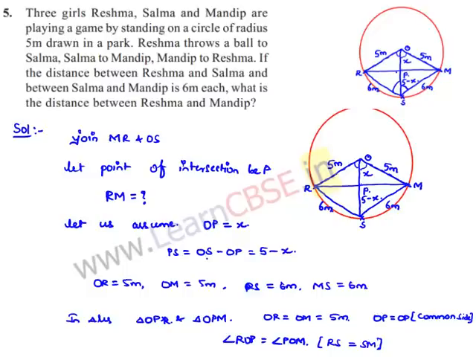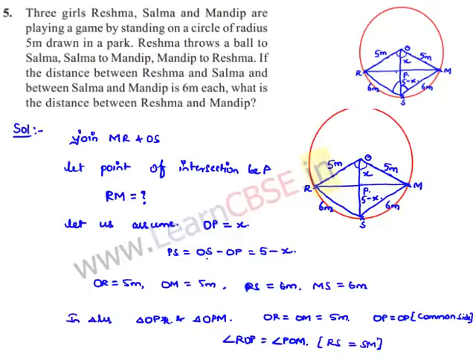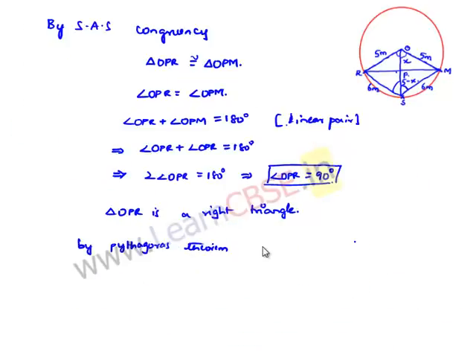In the right triangle, by Pythagoras theorem, in triangle OPR we get OR square is equal to OP square plus PR square.